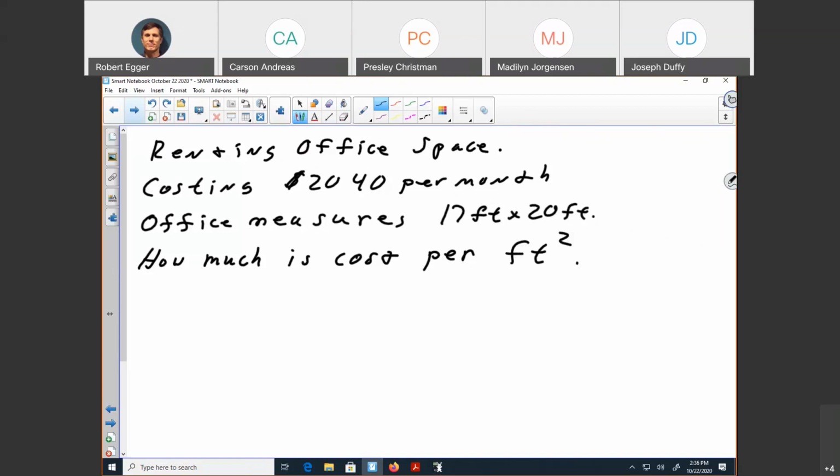Well, in some ways, it kind of tells you what you're looking for. Basically, I'm looking for dollars per feet squared. Where do I have dollars? That's the cost per month. Where do I have measurements? Well, I have the length times width. Oh, wait. It's a rectangular measure.